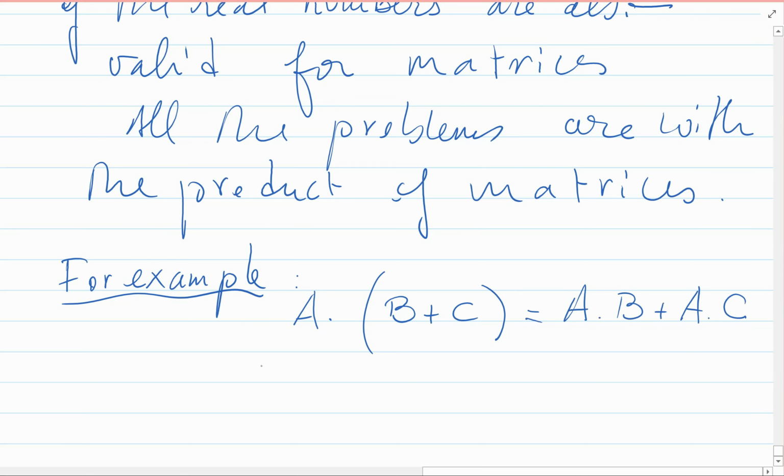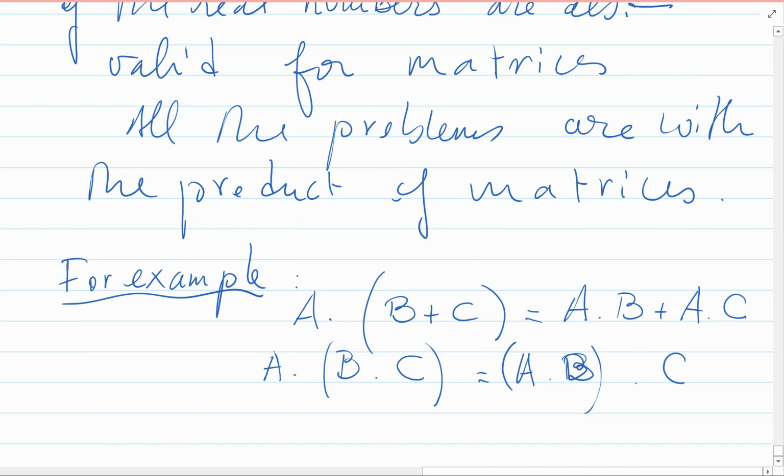Or for example, when you do A times B times C: in order for you to do B times C, the number of columns of B must be the same as the number of rows of C. And to do A times B, the number of columns of A must be the same as the number of rows of B. Whether you do A times (B times C) or (A times B) times C, the end result is exactly the same.